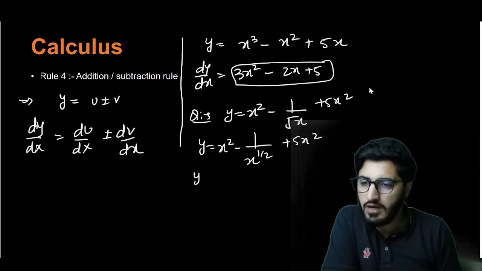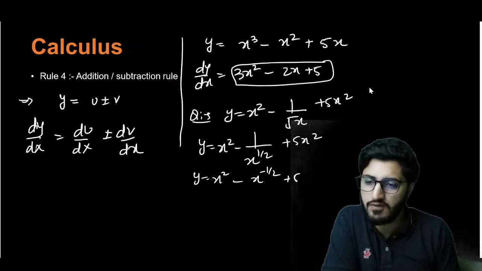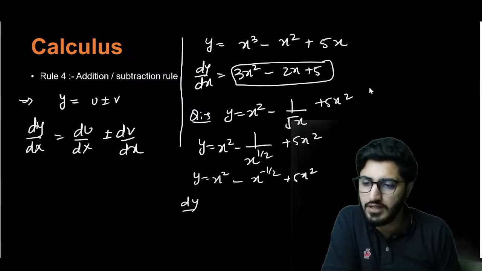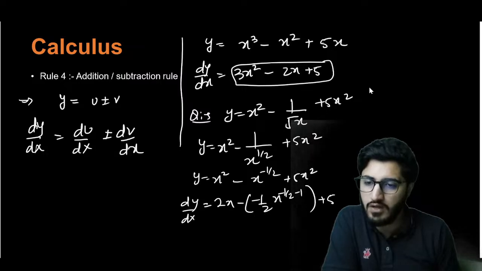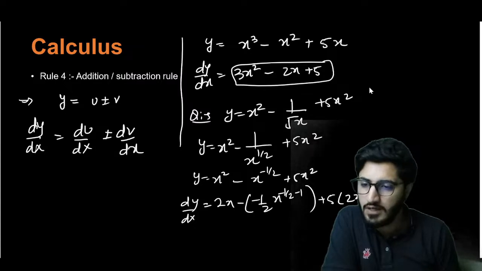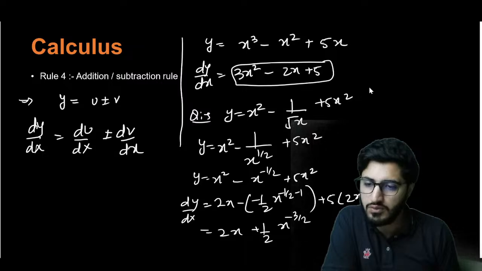So y equals to x to power 2 minus x to power minus 1 by 2, plus 5x square. Now we will do differentiation, dy by dx. This is 2x minus minus 1 by 2 x to power minus 1 by 2 minus 1, plus 5 times 2x. That is 2x plus 1 by 2 x to power minus 3 by 2 plus 10x. This one is my answer.